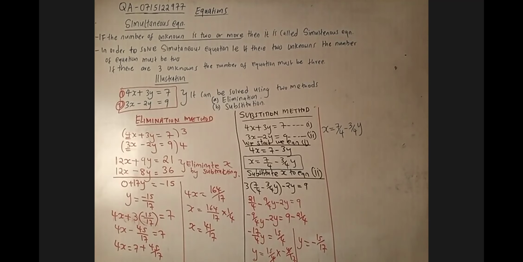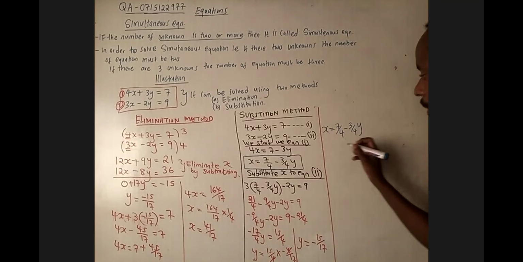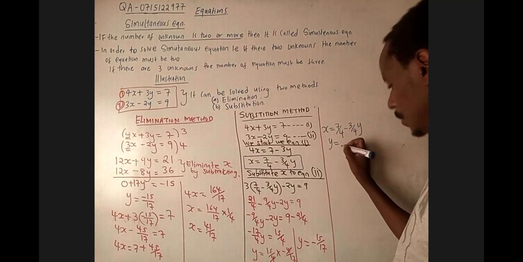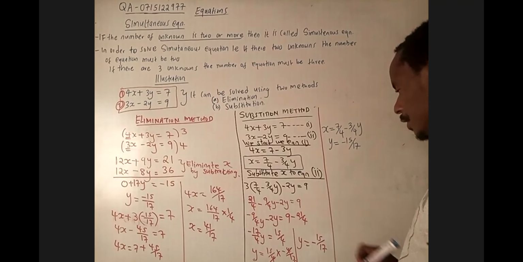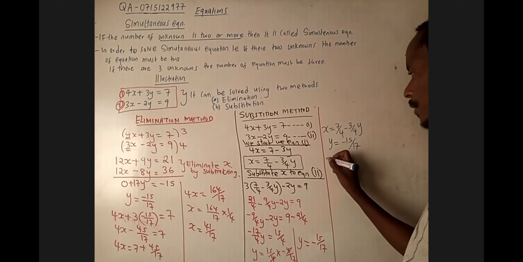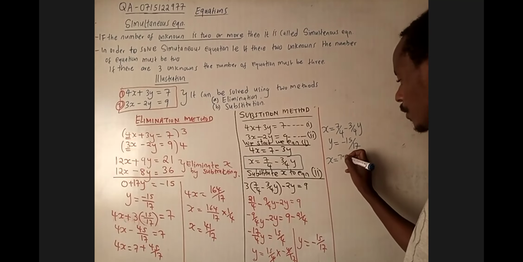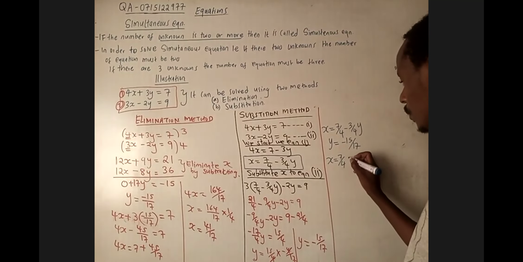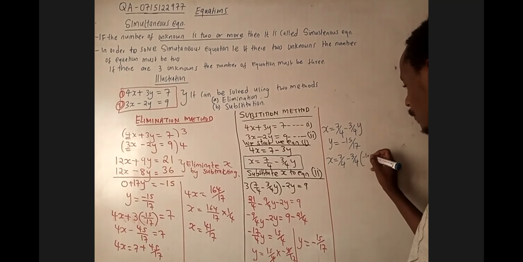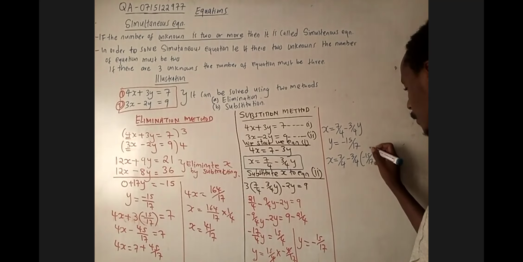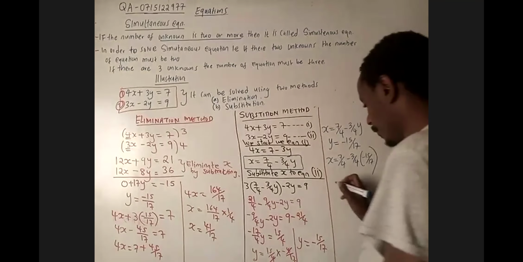Now, we know our y, remember our y is minus 15 over 17. So we say our x will be equal to 7 over 4 minus 3 over 4 times minus 15 over 17.